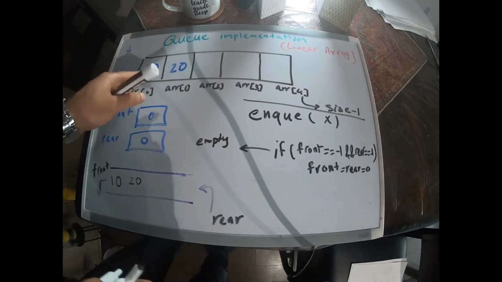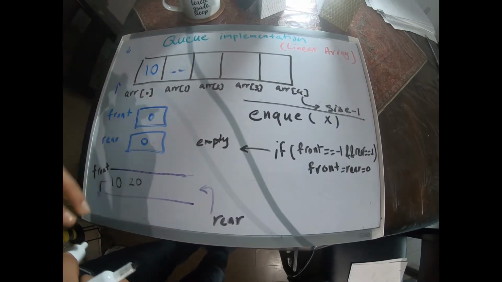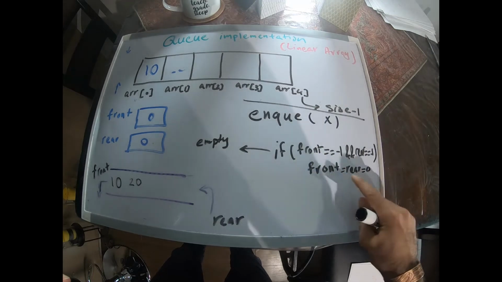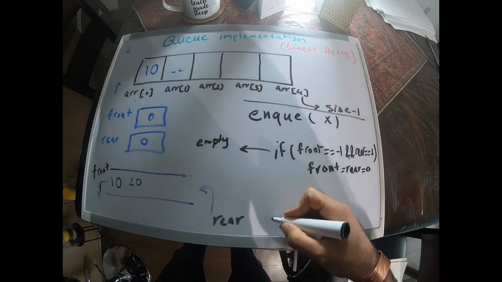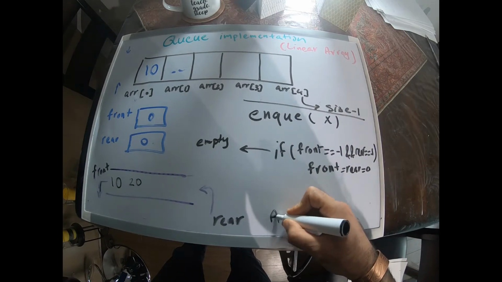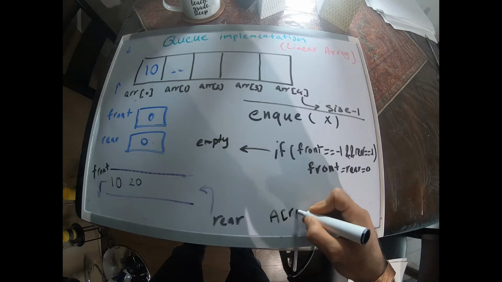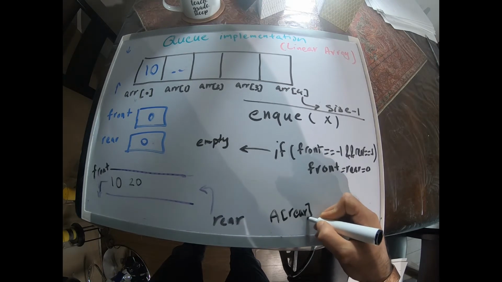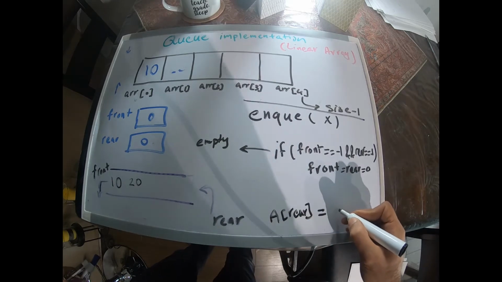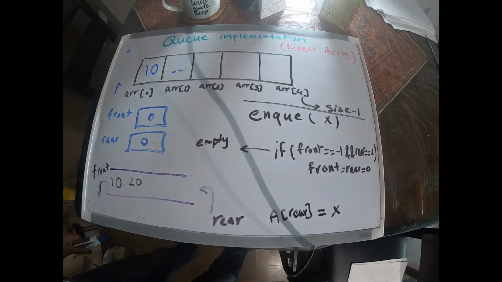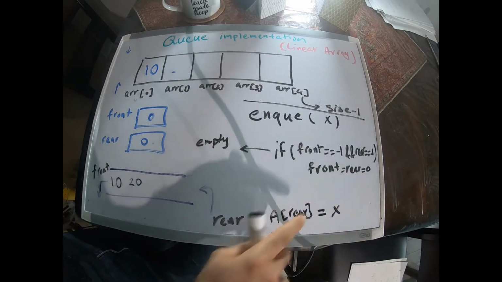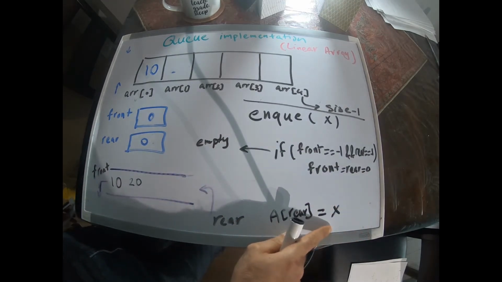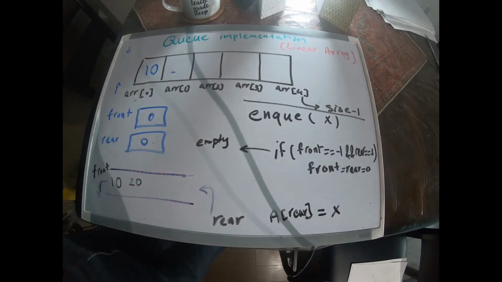And like I mentioned before, after setting front and rear both to 0, we want to say that A of rear is going to be equal to X. So at this point, we set both front and rear to 0. A of rear is going to be X. So it means A0 becomes X, which is 10.